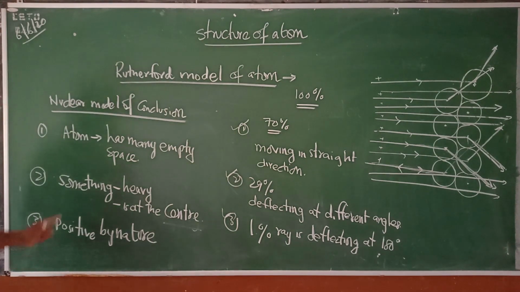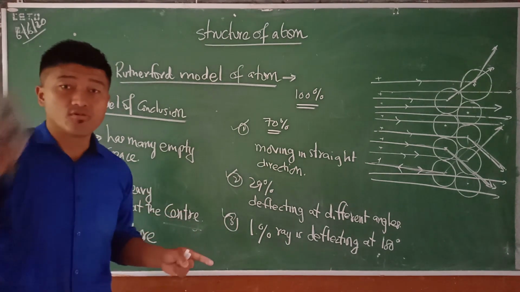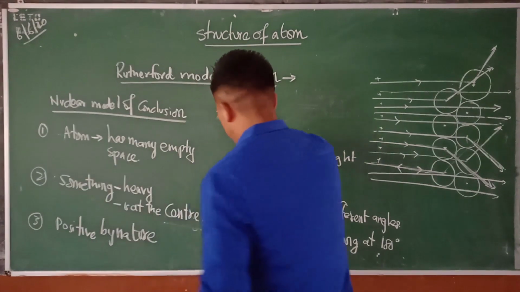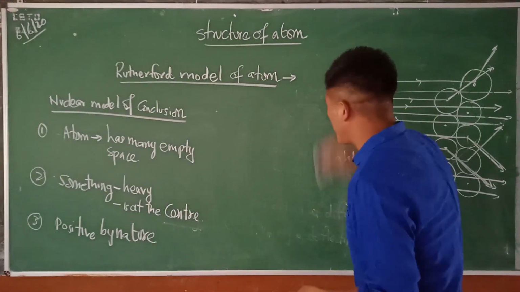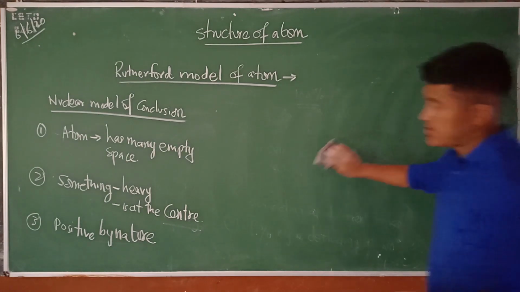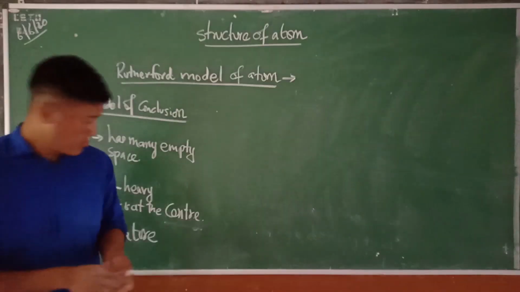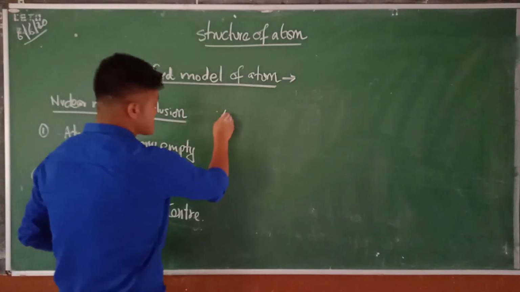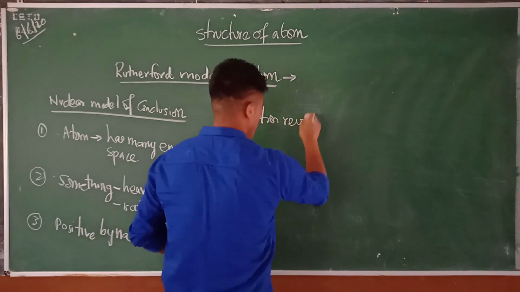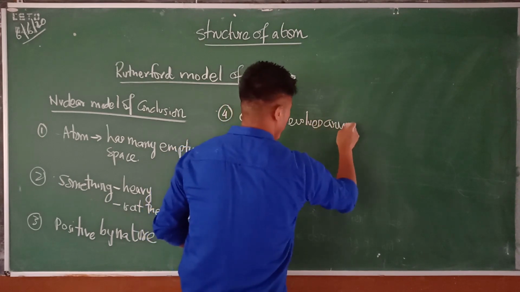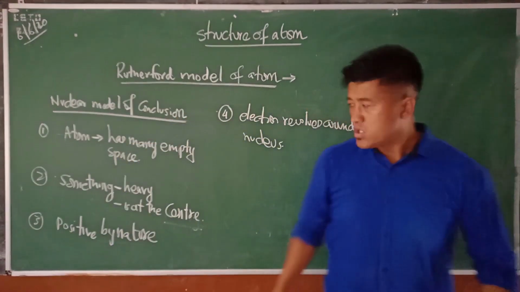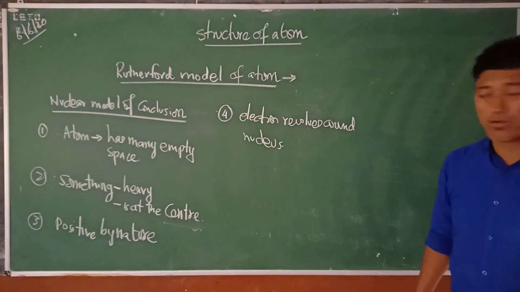On top of that, he also made one more conclusion: electrons revolve around the nucleus. That is the fourth postulate. Now, on the basis of that, the next topic is the drawback.